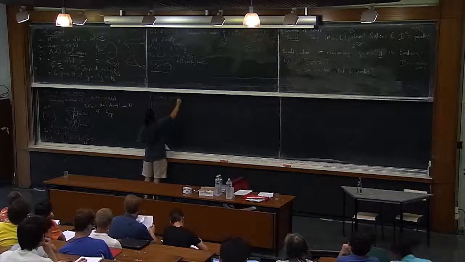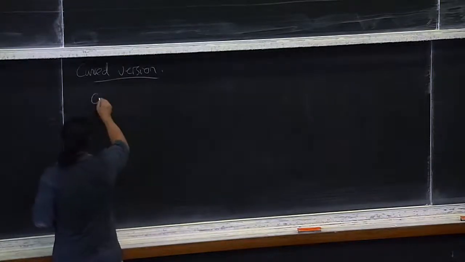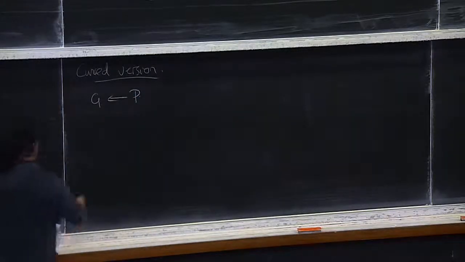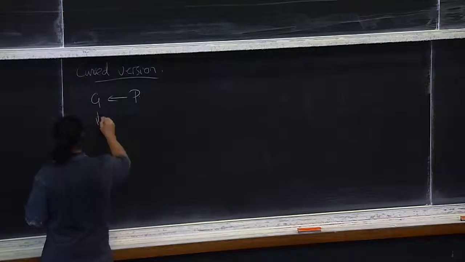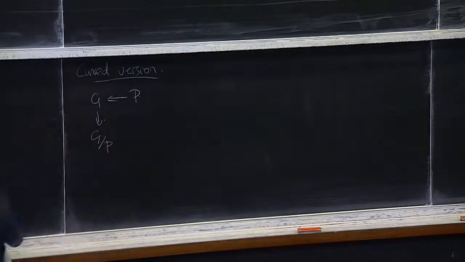Well, I already told you a curved version without the yellow bits was something to do with tractors. Let me say it in a slightly different way. In the model here, we have a parabolic subgroup P, a semi-simple Lie group G, and we have our G mod P, which is our homogeneous space.